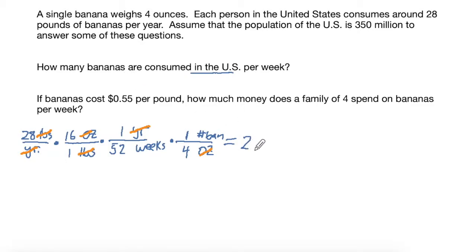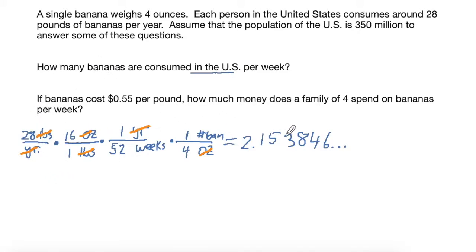So it's like 2.153846. And there's a reason I'm going really far into this, is because we need to change it into the US, and I'm eventually going to be multiplying by 350 million. In other words, I'm going to leave the answer in my calculator and use that number in my next step.